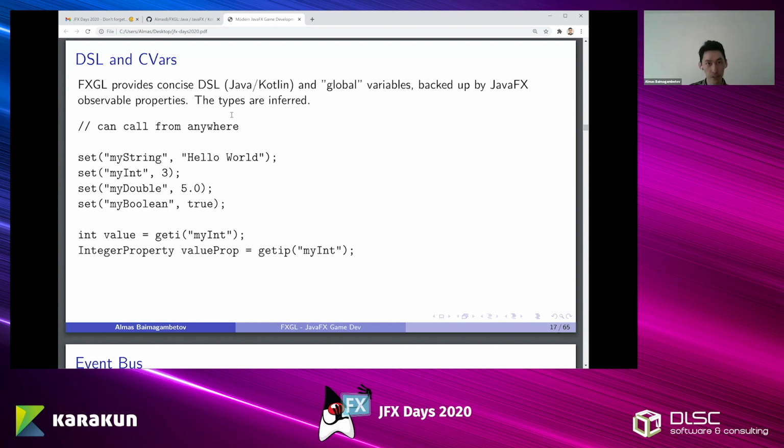And the great thing about these variables is they're backed by JavaFX observable properties. So if you have, for example, your integer property and you've created myInt as your variable, you can listen for changes in that variable. You can also bind to the variable itself, which means you have one variable which simply duplicates the value of a different variable.